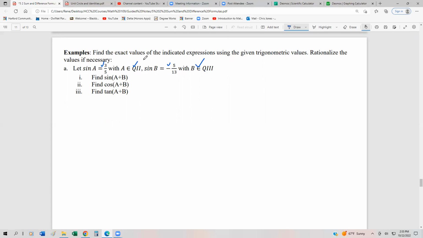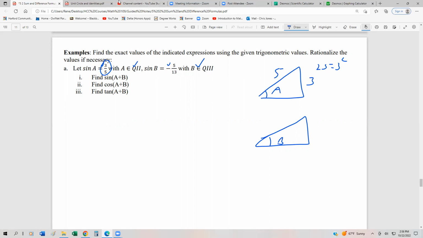All right, so the first thing we need to do is build some right triangles for these. Let's call this angle A, and let's call this angle B. Remember that the sine is the opposite over the hypotenuse. So this is going to be 3 and 5. Then we can use our Pythagorean theorem, c squared equals a squared plus b squared.